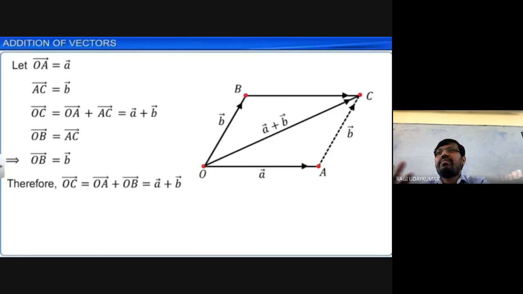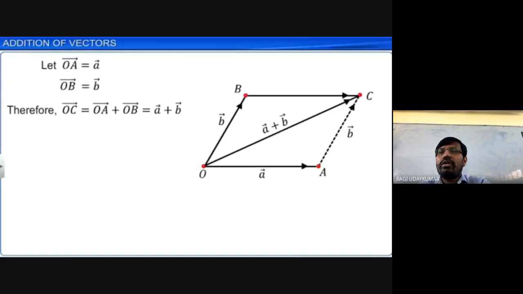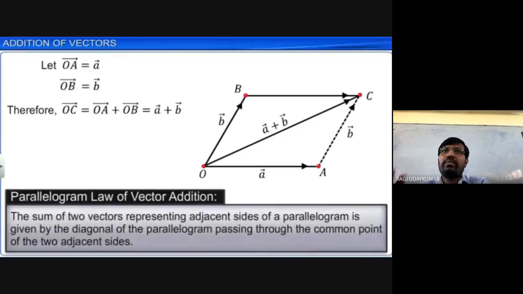Parallelogram law of vectors: the sum of the two vectors representing the adjacent sides of the parallelogram is given by the diagonal of the parallelogram passing through the common point of the two adjacent sides.